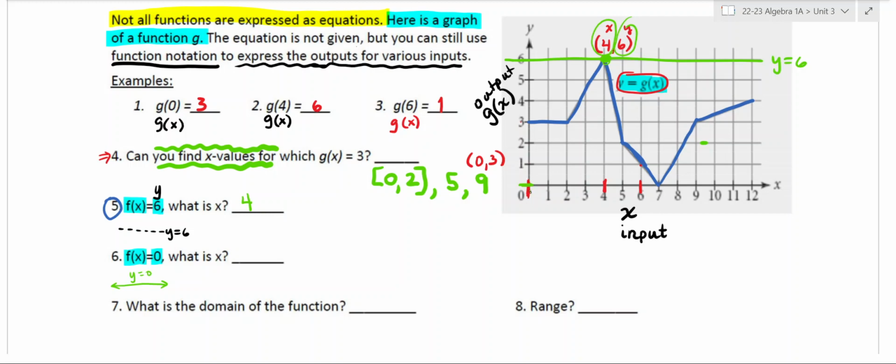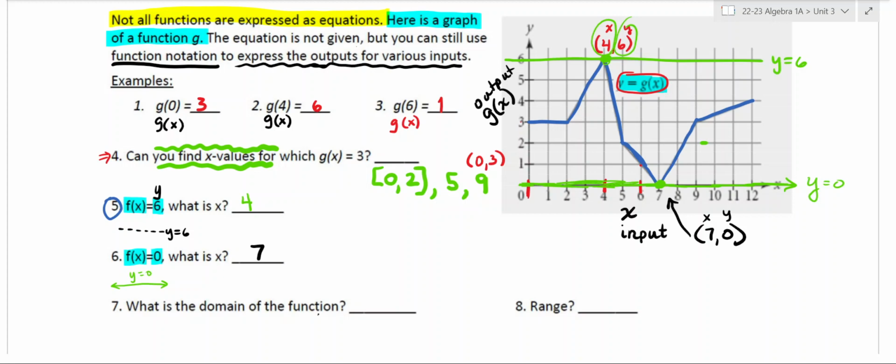At the origin, both x and y are 0. So in this line, which, yes, it's on top of the x-axis, but we don't care right now, the only place it touches is right here. And what is that point? That point is 7, 0. So when y equals 0, the x value is 7.